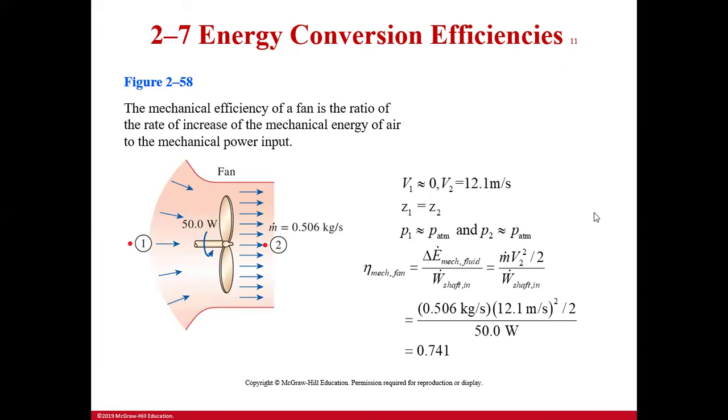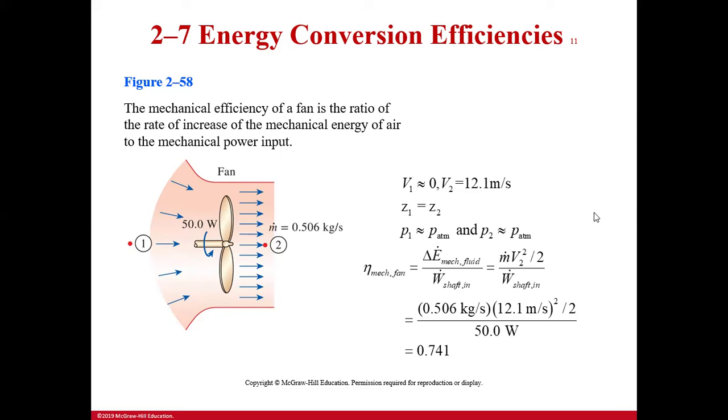So here they show us how to find the mechanical efficiency of a fan. The change in mechanical energy of the fluid is mass flow rate times V2 squared divided by 2, since there is no velocity in the first stage, divided by the shaft work, 50.